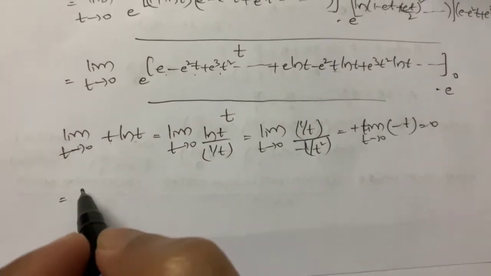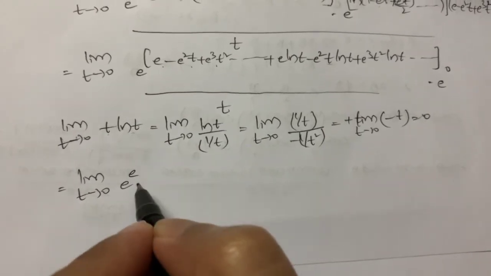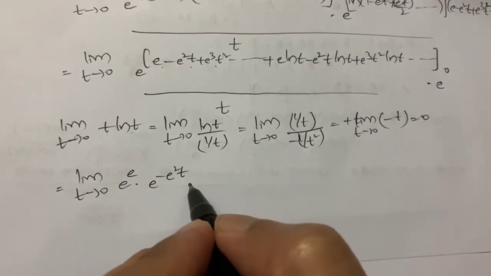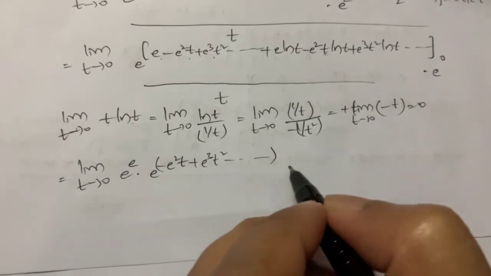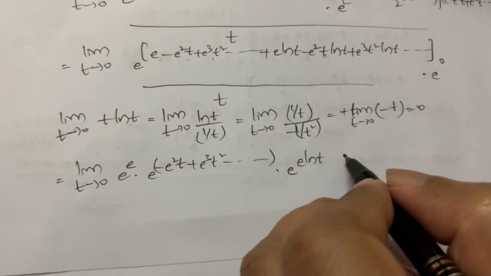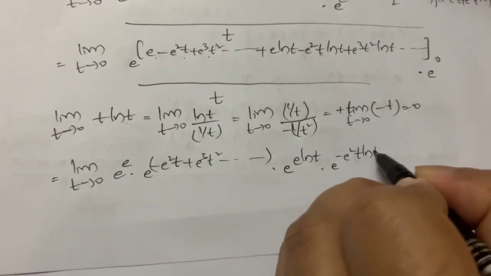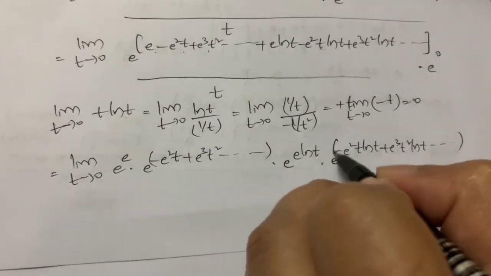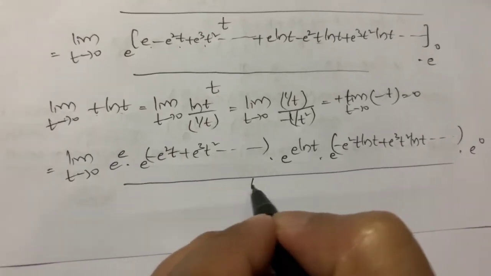So if I separate each and every term, what we can do is limit t tends to 0, first we'll separate the terms, e power e into e power minus e square t plus e cube t square so on into e power e ln t, and then e power minus e square t ln t plus e cube t square ln t so on into e power 0 by t.